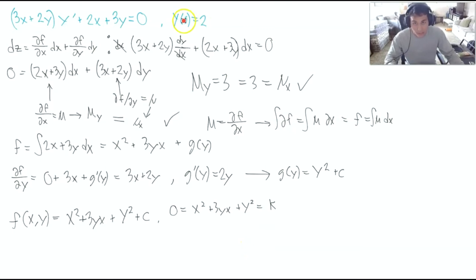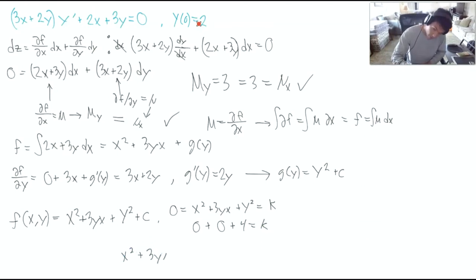So all the x's are going to be zeros and all the y's are going to be 2's. So 0 plus 4 is equal to k. K is equal to 4. So then I could write my solution as x squared plus 3yx plus y squared is equal to 4. That's my solution to the differential equation.